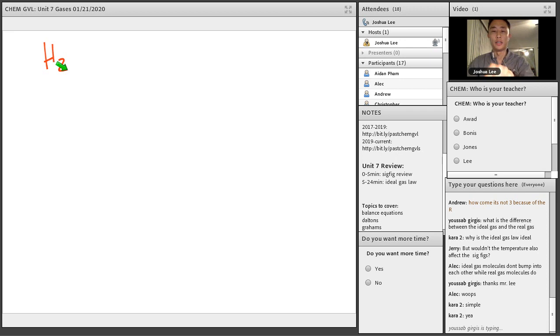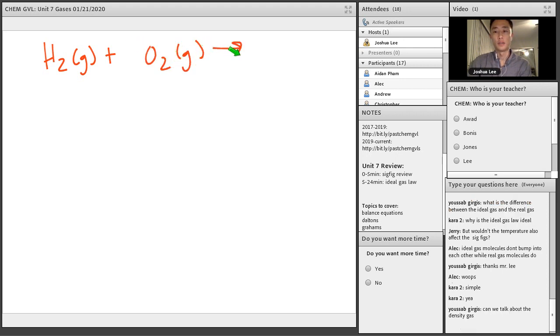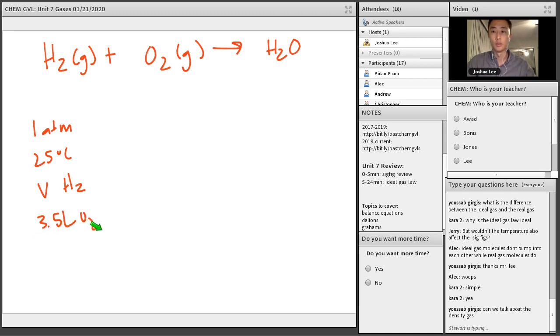And I think Nicole asked about balancing, so we'll practice balancing here. Hydrogen gas plus oxygen gas makes water. Then if all the gases were measured at 1 atm and 25 degrees Celsius, what volume of hydrogen would be needed to react with 3.5 liters of O2?